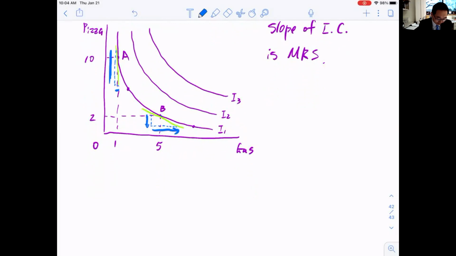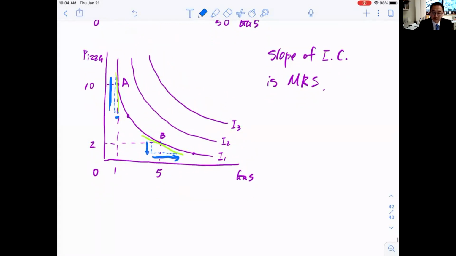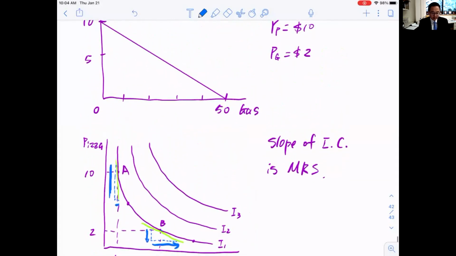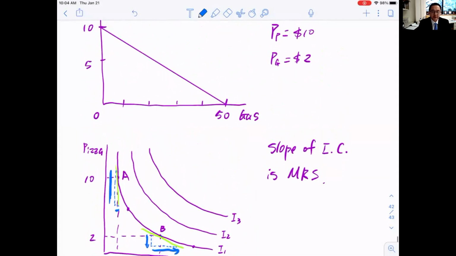All right, any questions about indifference curves before we put the two together, the budget constraint and indifference curves? Okay, now the budget constraint and your indifference curves tell you what we discussed last time.